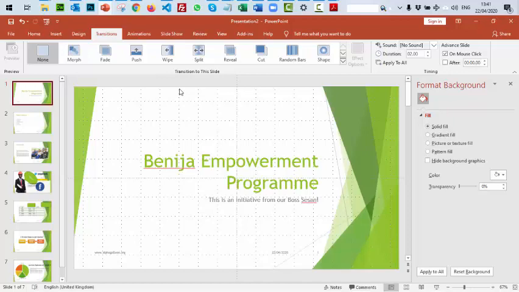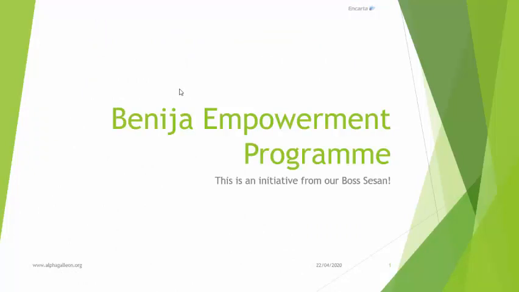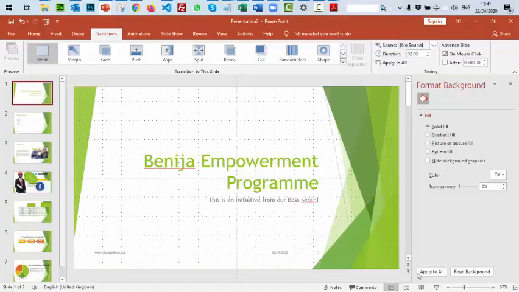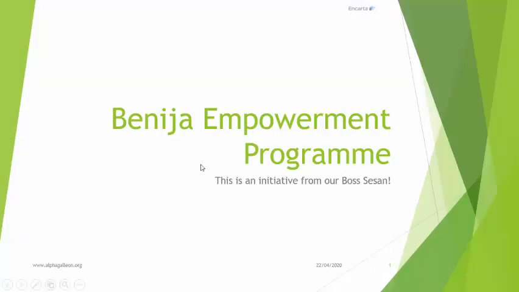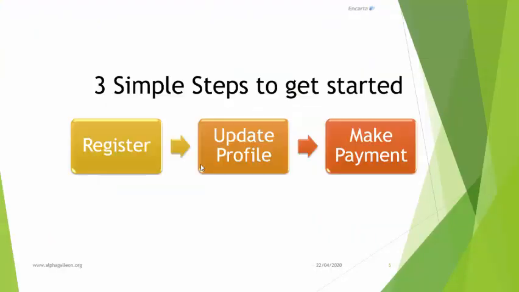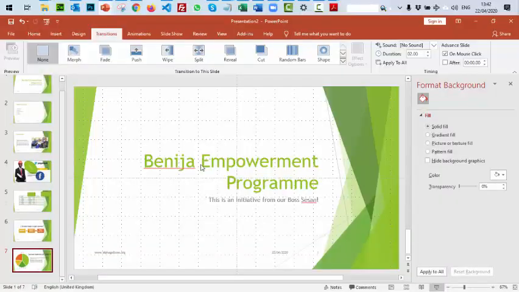So at the moment, if I go to full screen, which you either do by pressing F5 on your keyboard or by clicking on this slideshow knob at the bottom right, and I move to the next slide, you'll notice that it simply changes to the next slide.